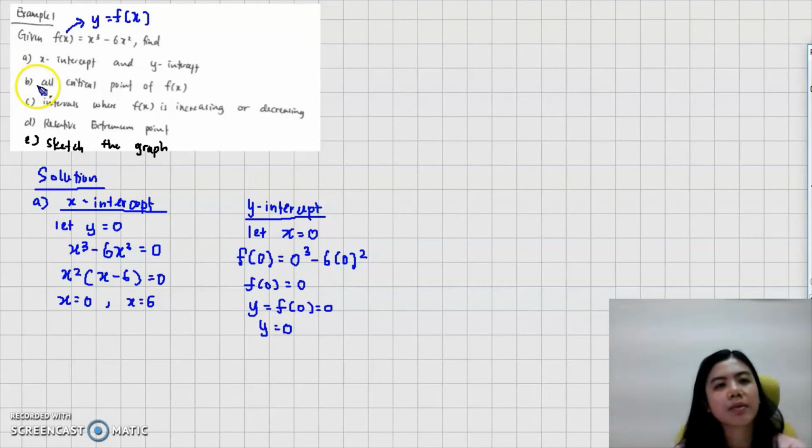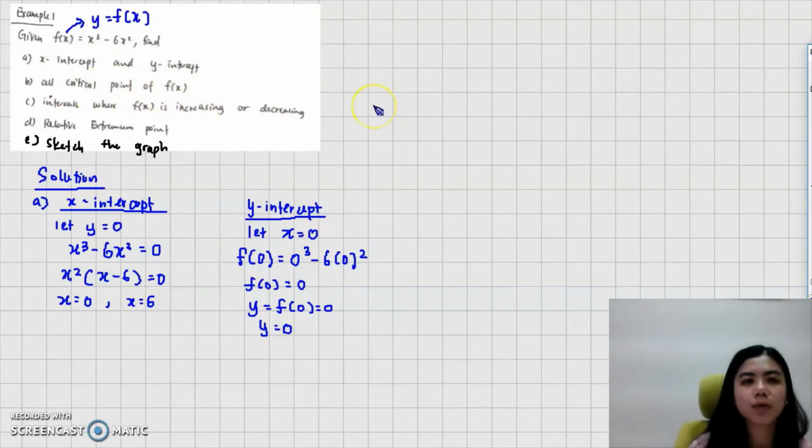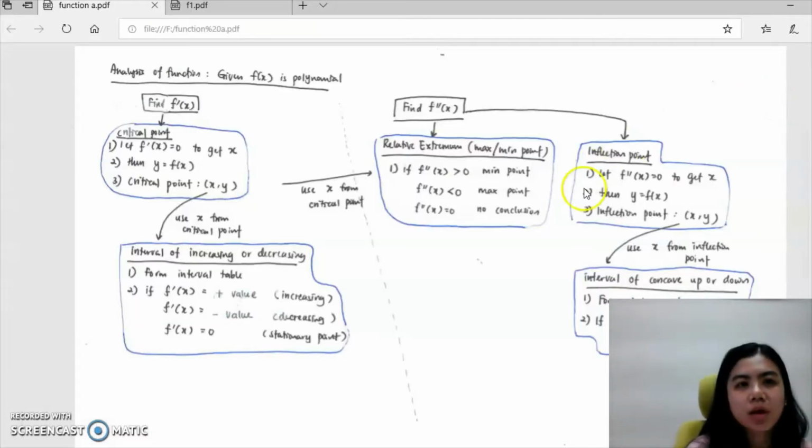That is, we are talking about all critical points of the function f. So how are we going to find the critical point of the function f? Let's just look back on the flowchart that we have. This is the flowchart. Now we're talking about the critical point.